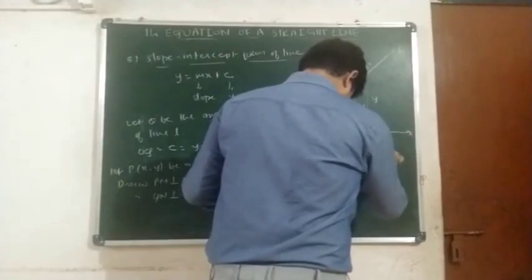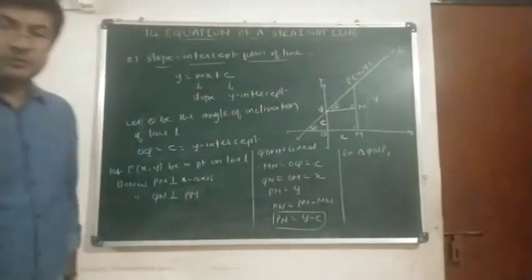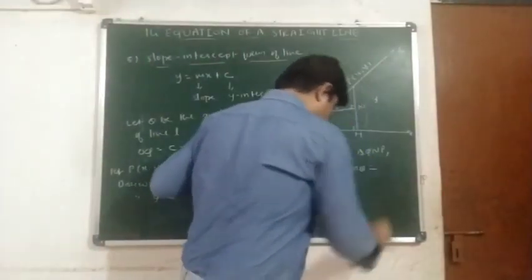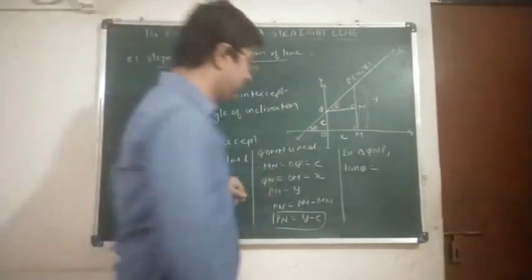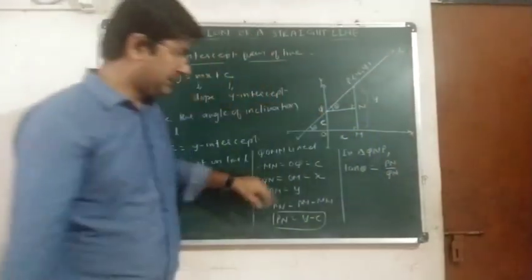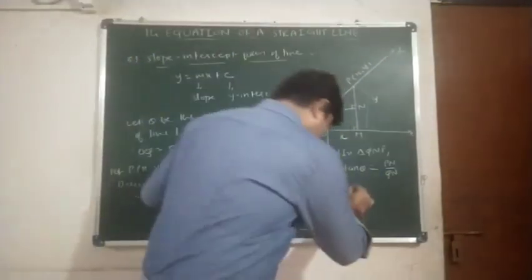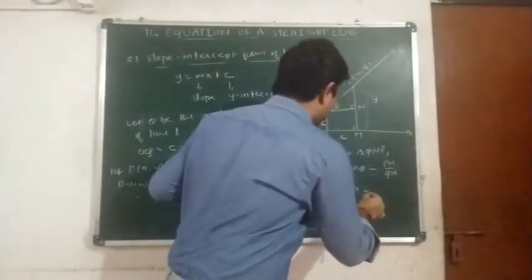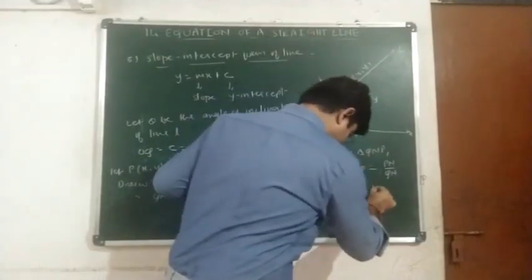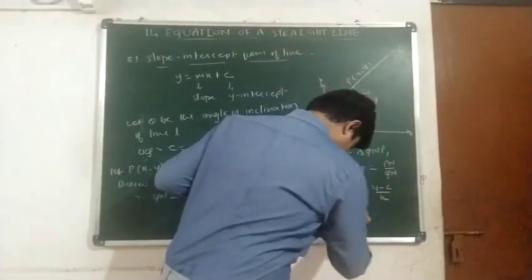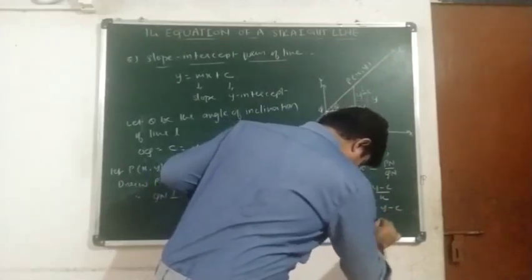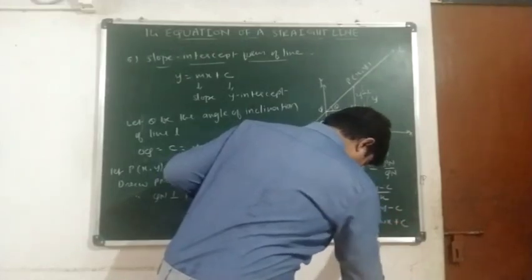Now we can take this triangle QNP. In triangle QNP, we use the formula of tan theta. So tan theta is equal to perpendicular upon base, so PN upon QN. Now tan theta, the slope, is represented by the symbol m. So m is equal to y minus c upon x, therefore mx is equal to y minus c, or y is equal to mx plus c.